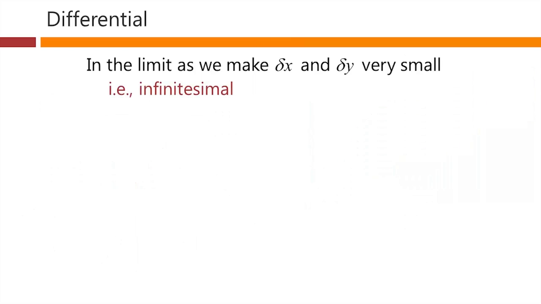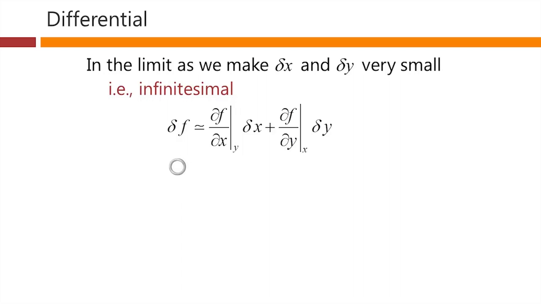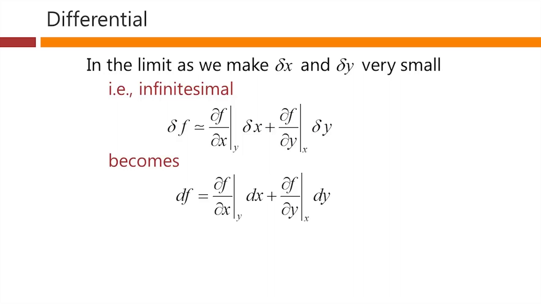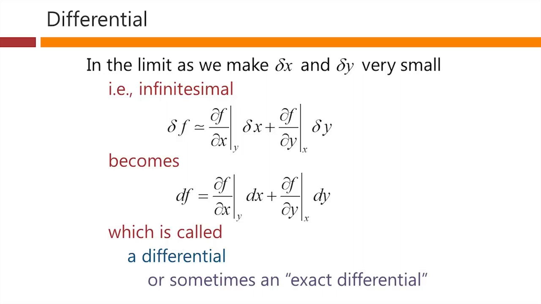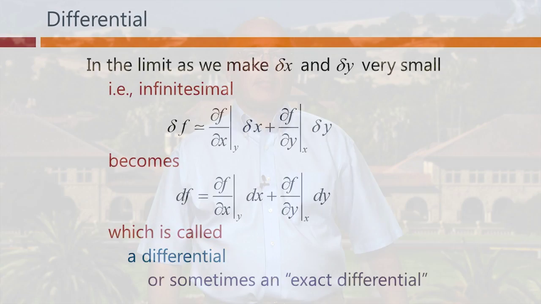So in the limit, as we make the delta x and the delta y very small, that is, as we make them what we say is infinitesimal, this entity here turns into this one. And this is called a differential, or sometimes an exact differential.